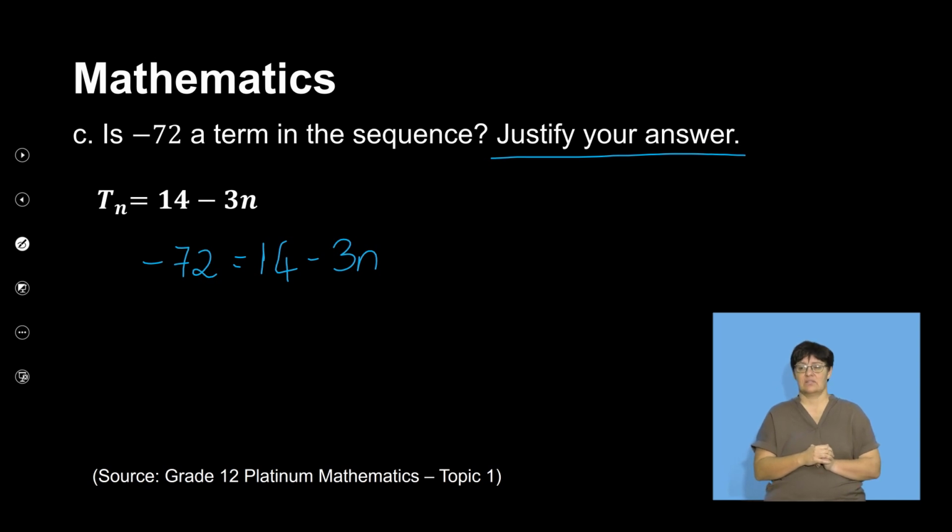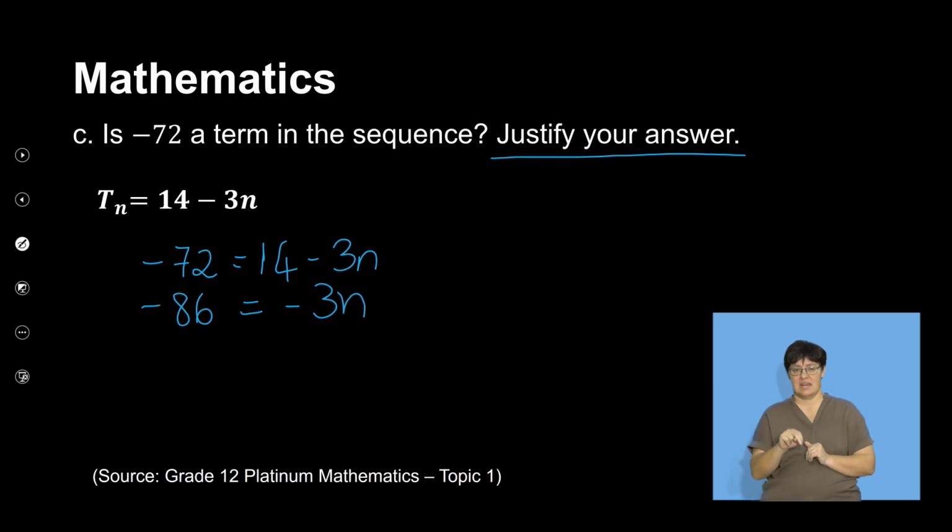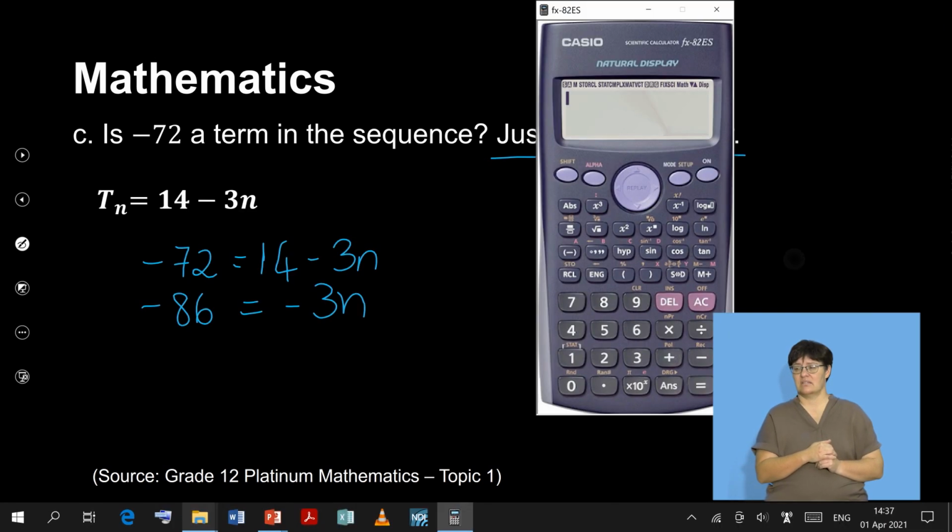So negative 86 is equal to negative 3n. Then if I divide by negative 3, let's look at our calculator. Negative 86 divided by negative 3 gives me 86 over 3.